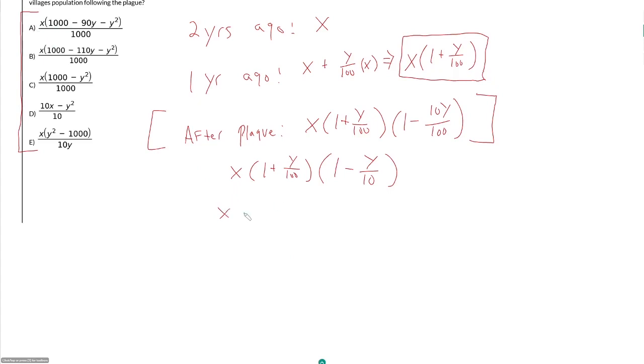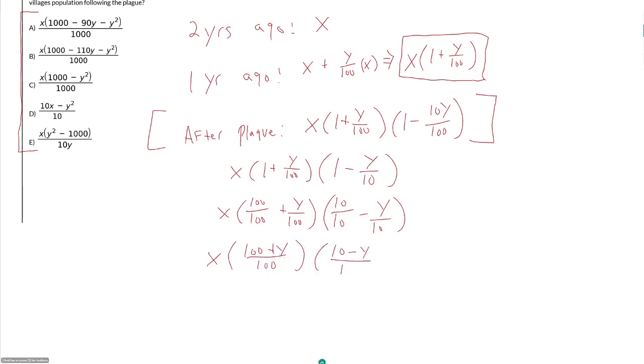So 1 plus y over 100, I can write as 100 over 100 plus y over 100 to get a common denominator. Then this here will be 10 over 10 minus y over 10. So I have x times 100 plus y over 100 times 10 minus y over 10.